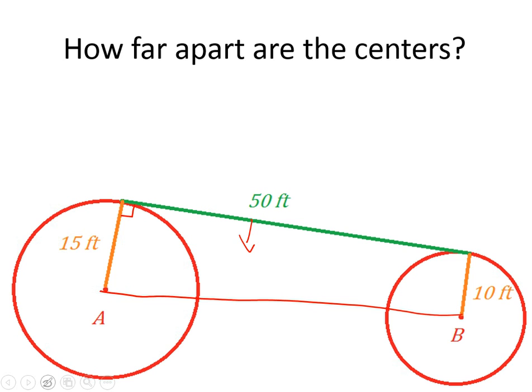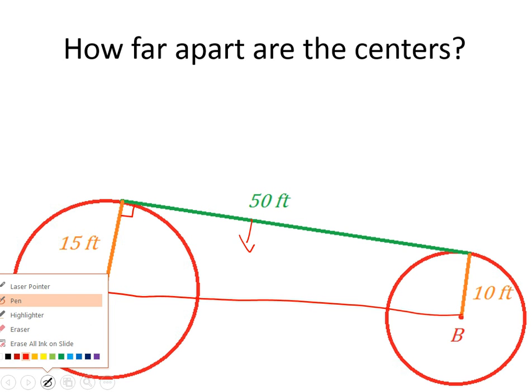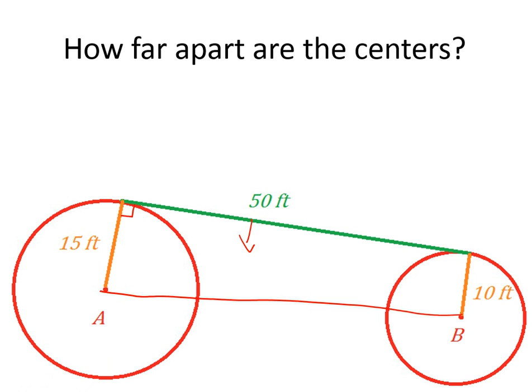That green line now goes from B up there. This is now 50, this is 90 degrees, and this is 5, because this length was 15, this length was 10, and the difference is 5.